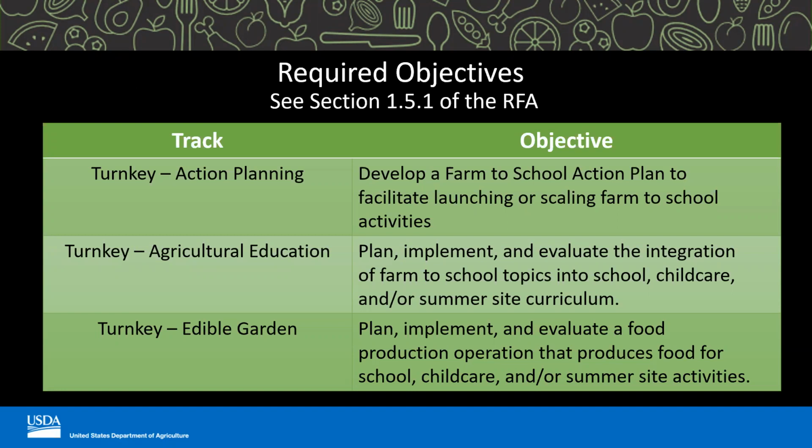The Edible Garden Project focuses on developing or improving food-producing gardens based at schools and/or CACFP SFSP sites. Please note, for the purposes of this opportunity, Edible Garden includes any food production operation based at an eligible school or CACFP summer site, including gardens, indoor grow towers, greenhouses, farms, aquaponics, livestock, etc. As turnkey applicants, you are agreeing to complete the activities defined in the RFA.